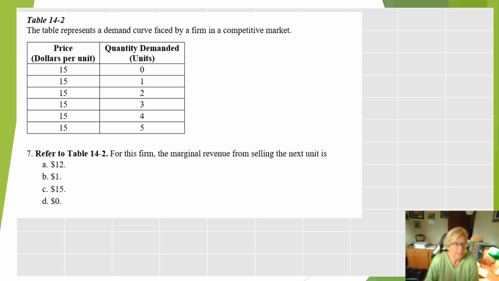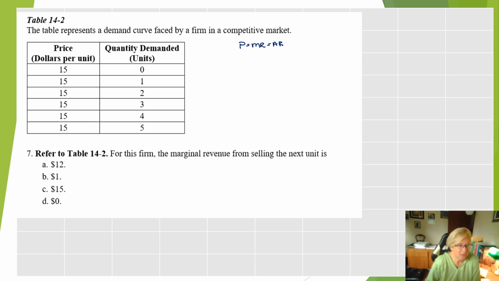Number 7 says the table represents a demand curve for a perfectly competitive market. So they gave us price. Again, price is equal to marginal revenue, which is equal to average revenue. From this firm, the marginal revenue from selling the next unit is what?